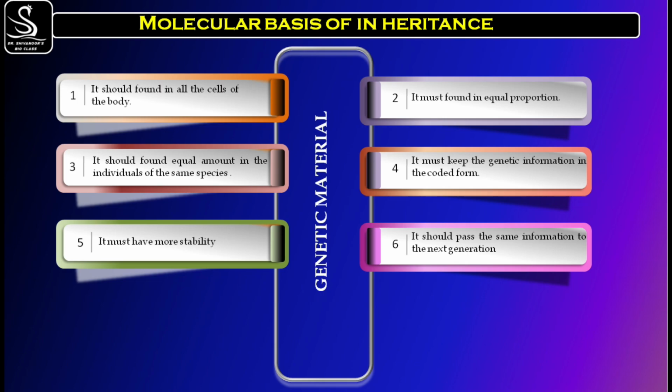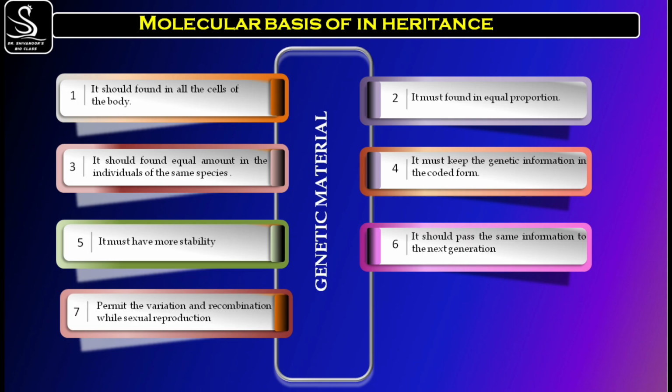If you are a human, you have the same nose at the same location on your face, eyes, eyelids, fingers, hands, every organ, like every individual, because the genetic material we are expecting is the one which passes the information in exactly the same form to you, and 100% you too are going to pass the same information to the next generation without any alteration.